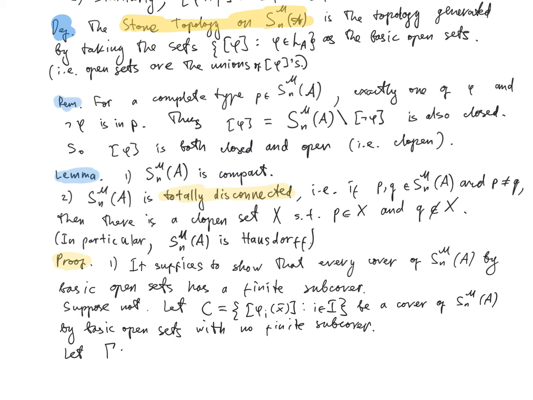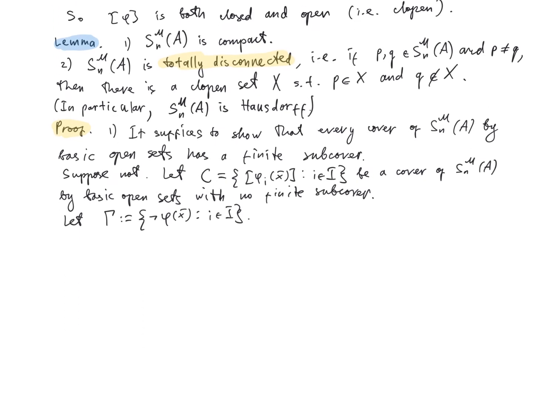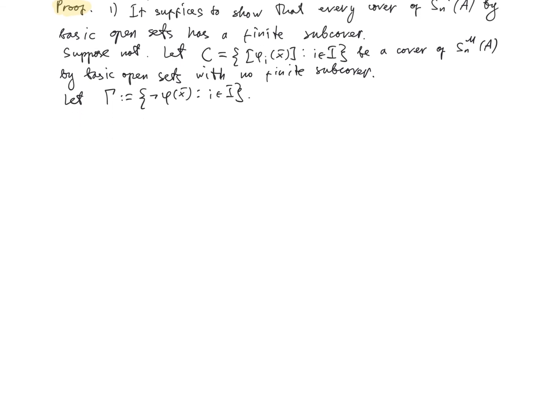We let Gamma be the collection of all formulas of the form not phi_i of x bar for i in I, so the negations of all of the formulas that appear in the basic sets in C. Now we claim that Gamma, together with the theory of M in the language with the parameter for A named, is satisfiable.